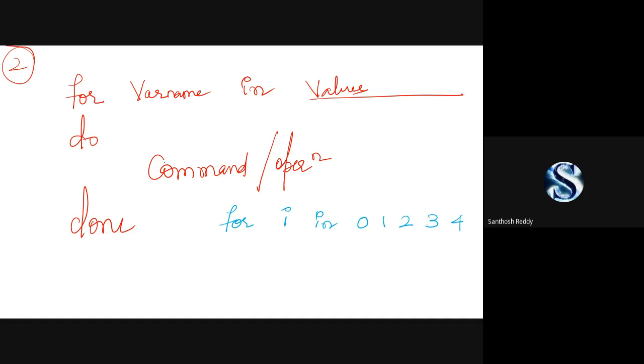That's it. There is no semicolon at the end. Put do, echo $I, and done. That's it. It is going to print 0, 1, 2, 3 and 4.